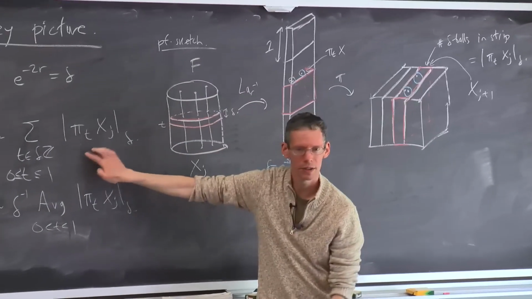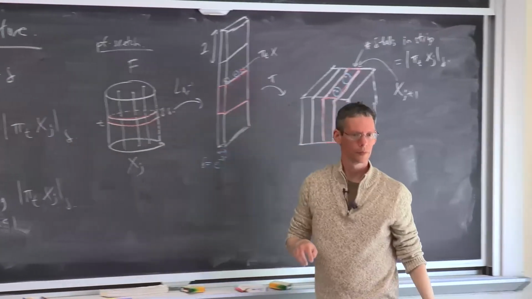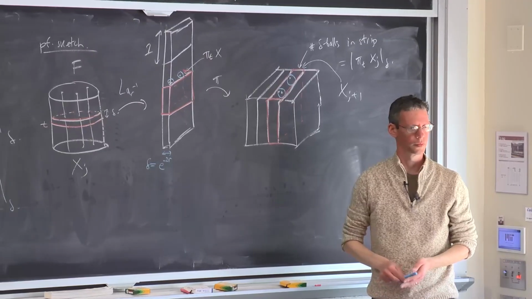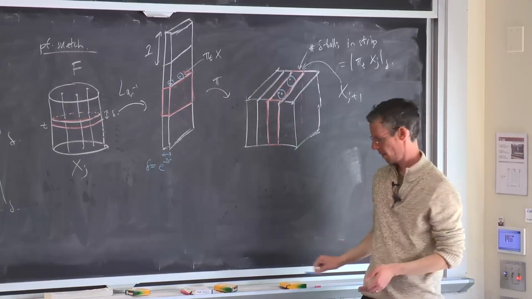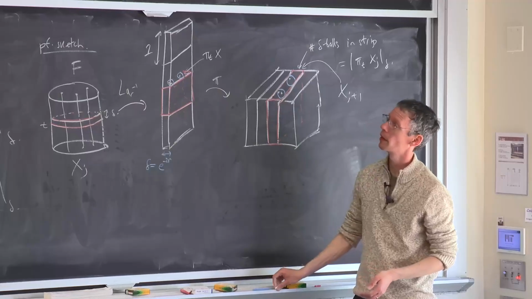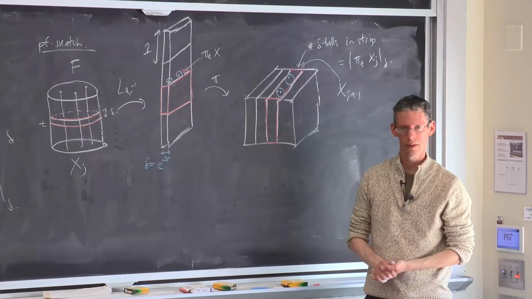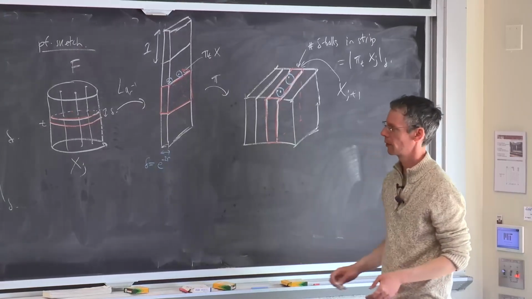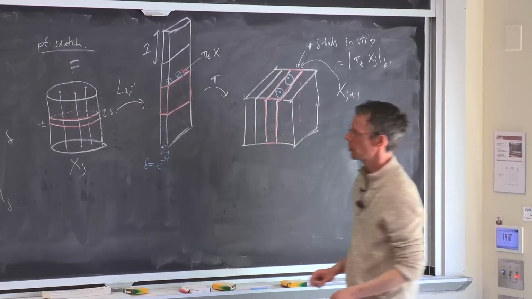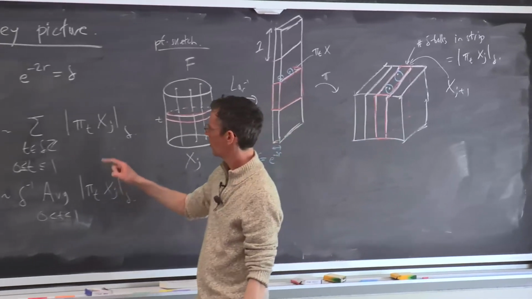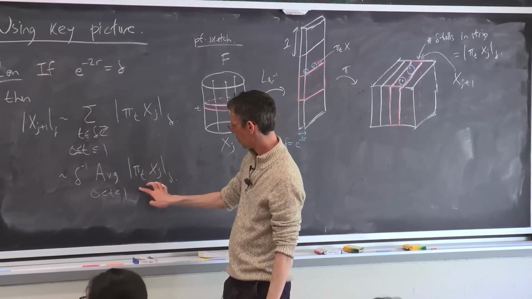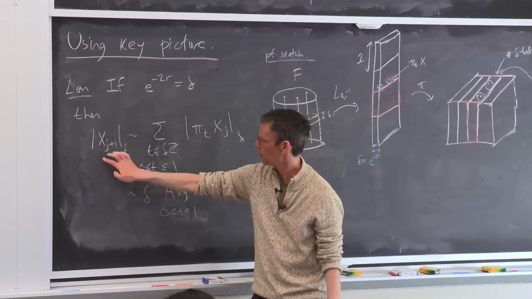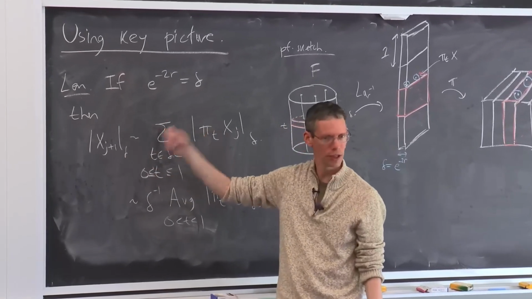So there are different terms in this sum. So now we can try to use projection theory to study this thing. And it will tell us how the delta covering number of xj plus 1 evolves as we increase j.